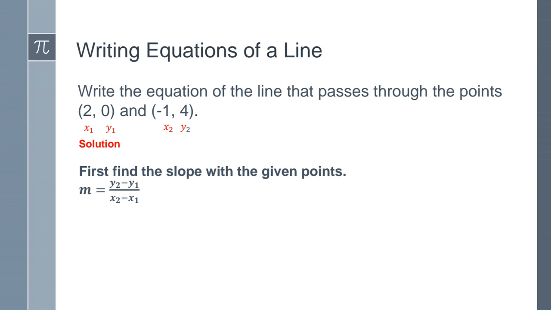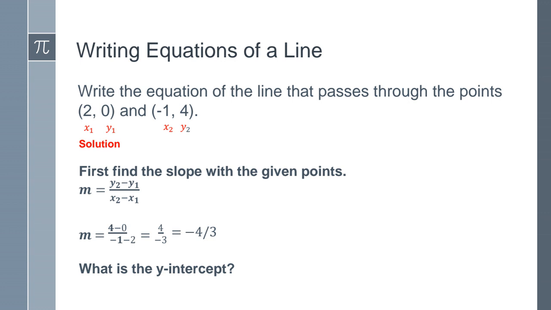The first point is 2, 0, and my second point is -1, 4. So the 2 on the first one will be my x1, and the 0 will be my y1. And the -1 will be my x2, and the 4 will be my y sub 2. So we're going to plug both our values into the formula. Again, my y2 is 4 minus my y1, which is 0.